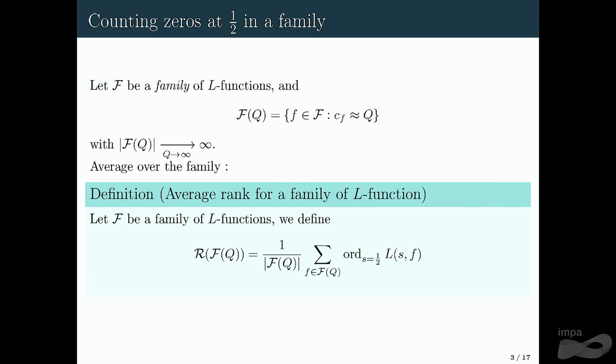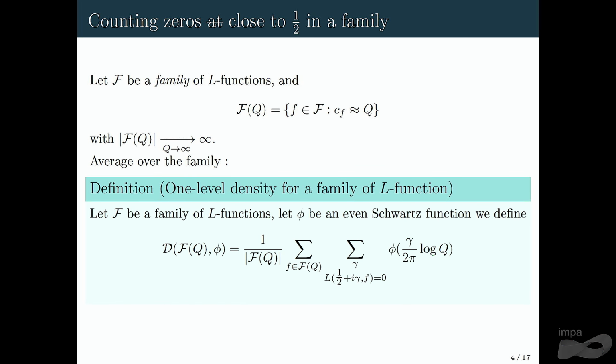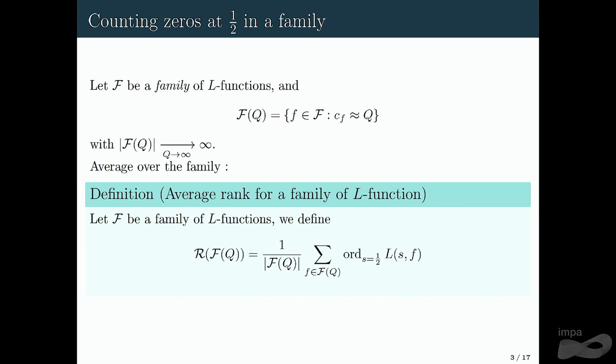And then over this family, we're going to study, I'm always clicking on the right button. Okay, let me start again. This one. Over this family, I'm going to study the average rank. So sum over the order of vanishing at 1/2 of the L function. Okay, and as analytic number theorists, we like writing ones or numbers as sums.